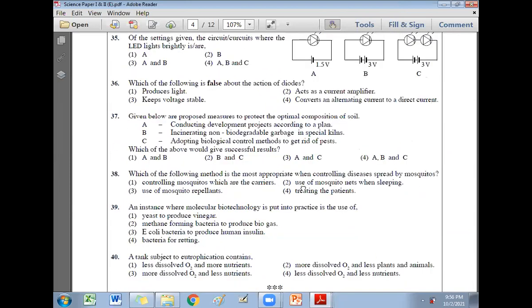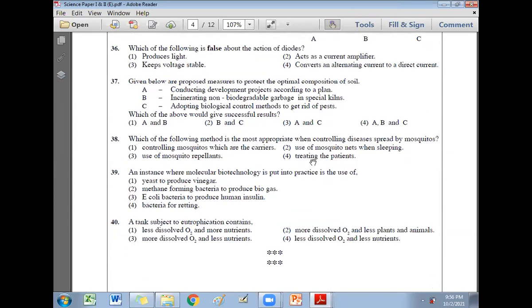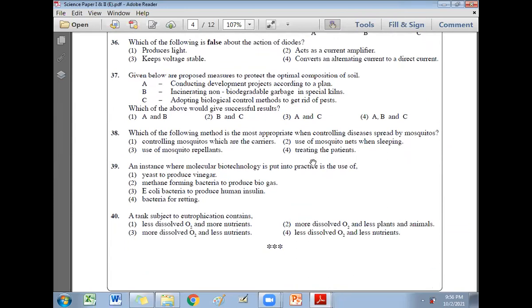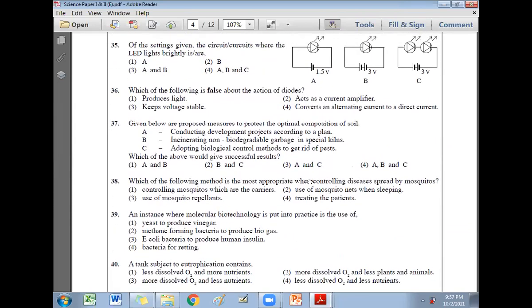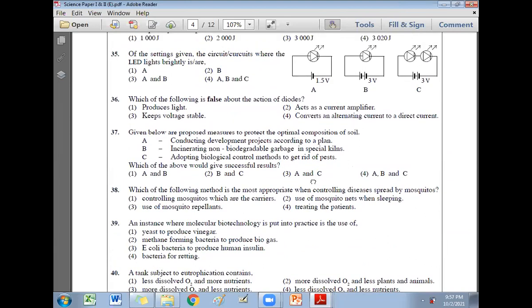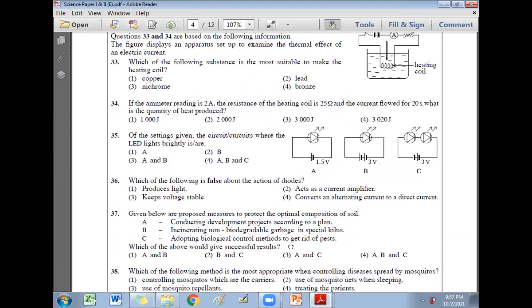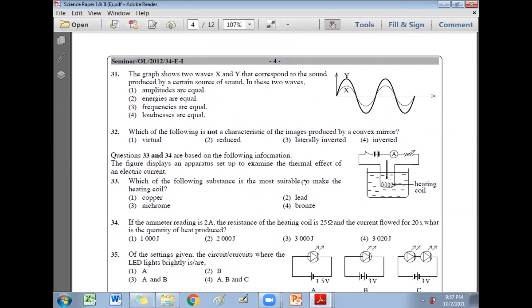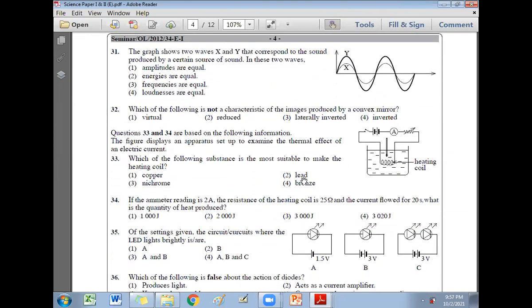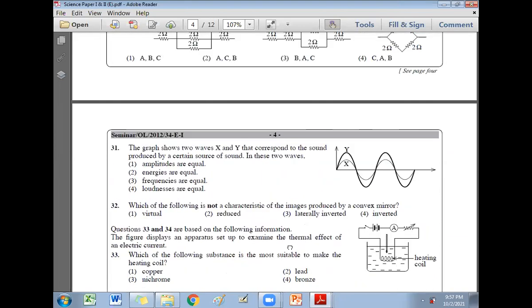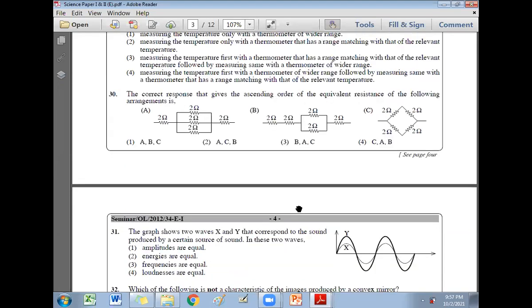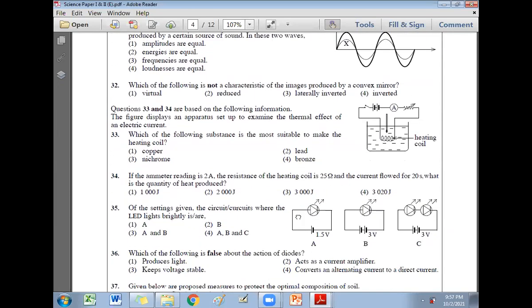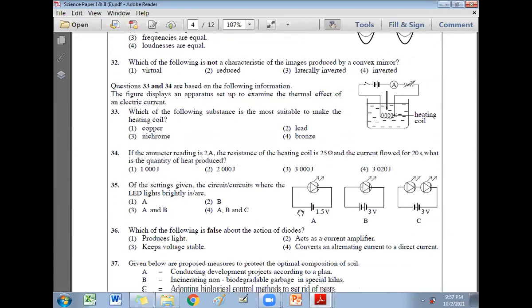So again, if I quickly repeat, diodes we have done. Question number 30, and next mirror, copper.